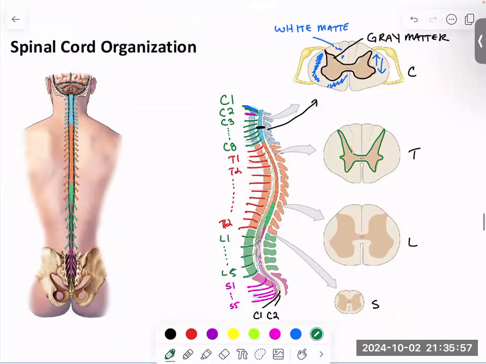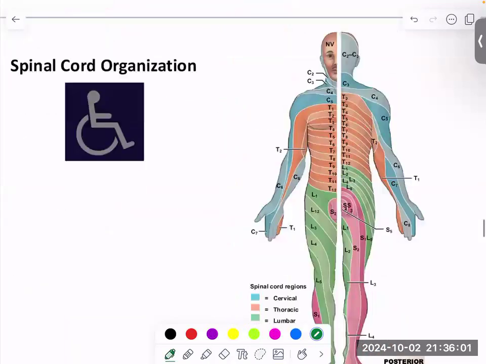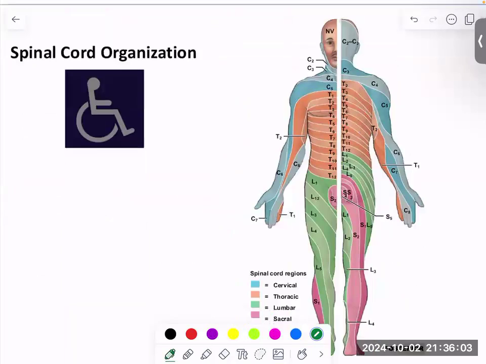The spinal cord sits in the vertebral column. It is important for you to understand how the spinal cord is arranged. You must recall that information travels up the spinal cord, sensory, or down the spinal cord, motor.